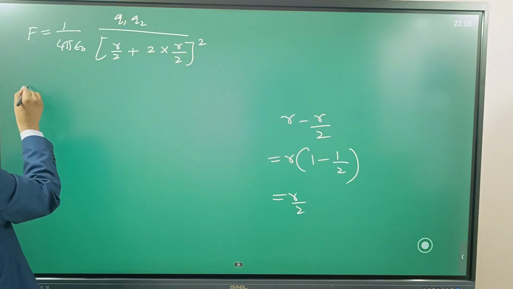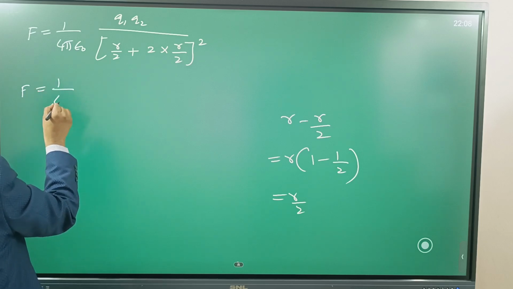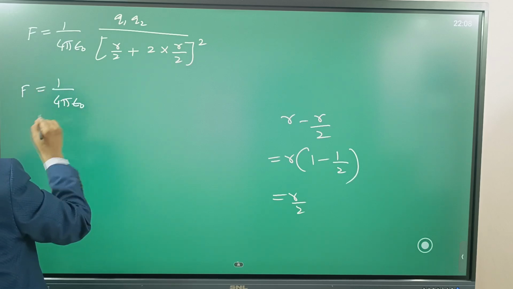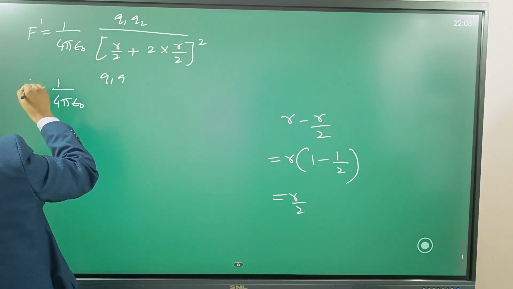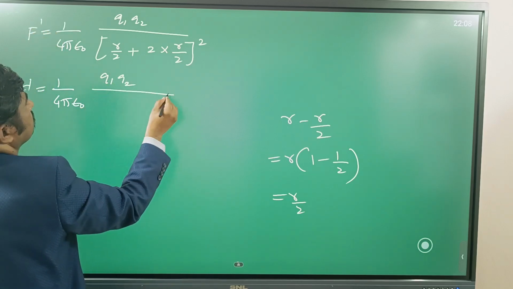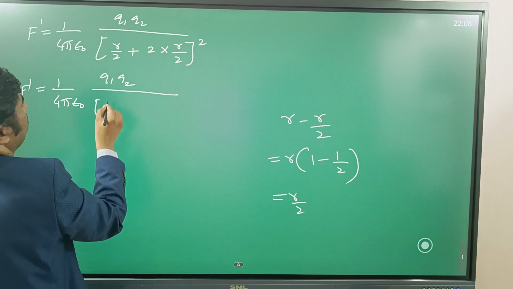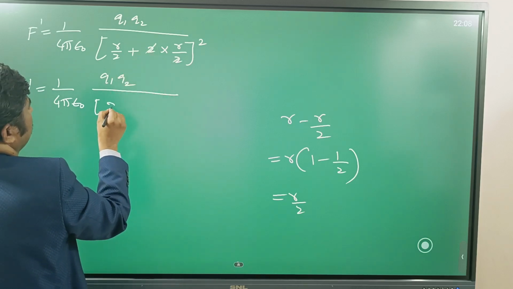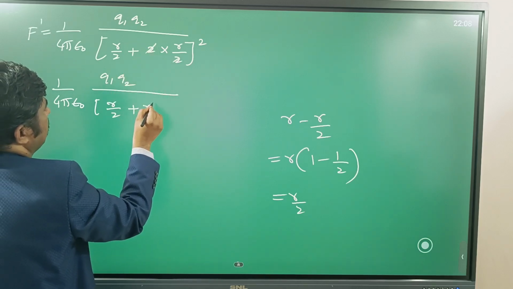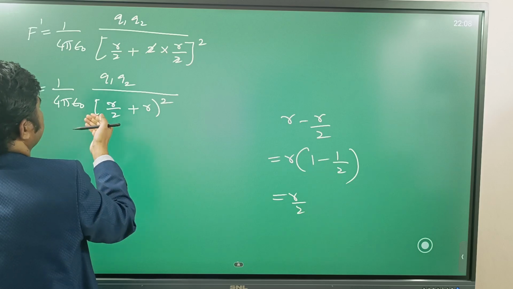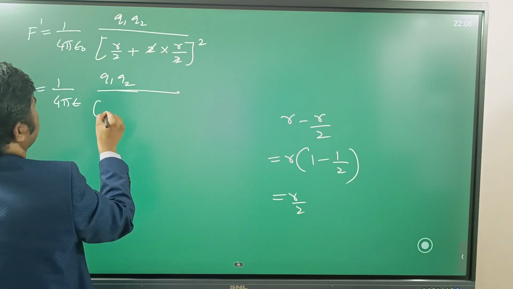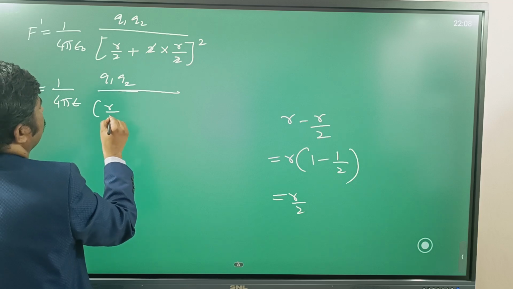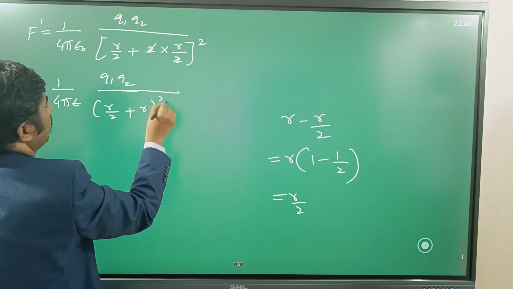Now F is equal to 1 divided by 4 pi epsilon naught. What happens here? Q1 q2, this is the new force, we can call it F dash. So this 2 gets cancelled, then r by 2 plus r, whole square.